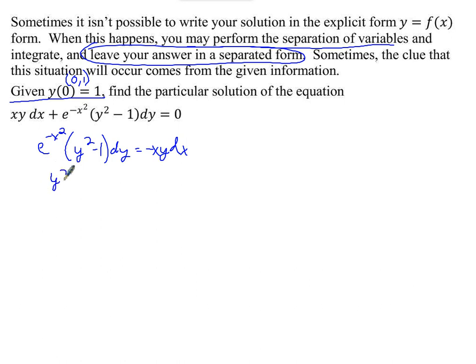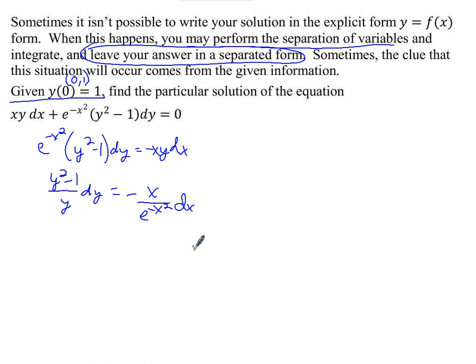Y squared minus 1 dy over y equals. Okay? But not yet, because of that negative x squared, we can rewrite it as 1 over x with the second fraction.